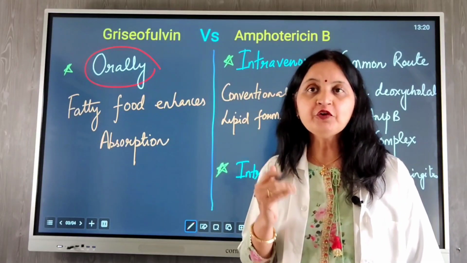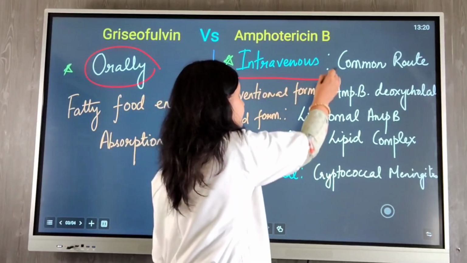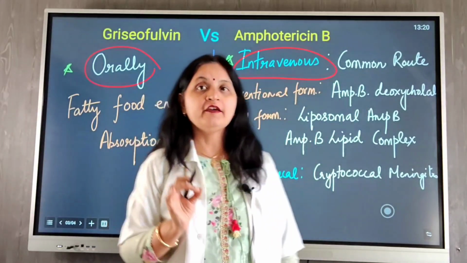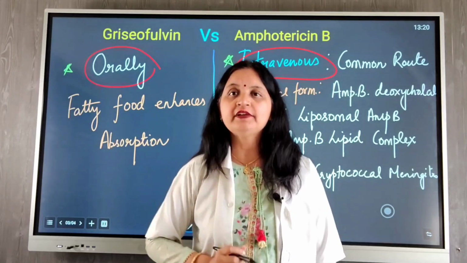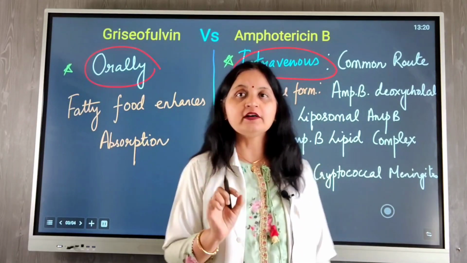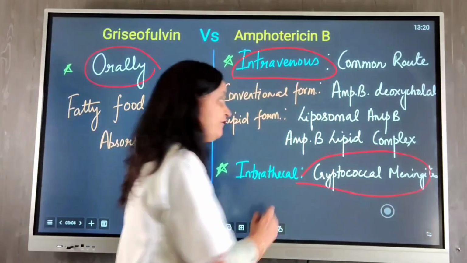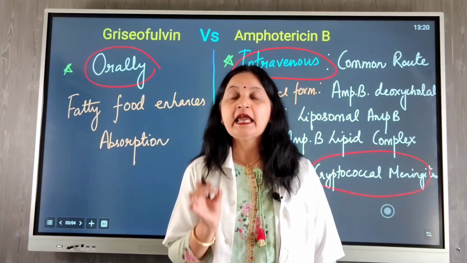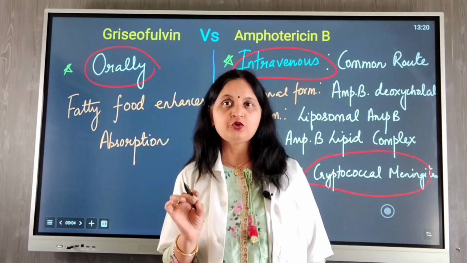In case of Amphotericin B, the most common route of administration is intravenous. However, it can also be administered intrathecally for the treatment of fungal meningitis, specifically cryptococcal meningitis. So in case of cryptococcal meningitis, Amphotericin B can be administered intrathecally in combination with 5-flucytosine.